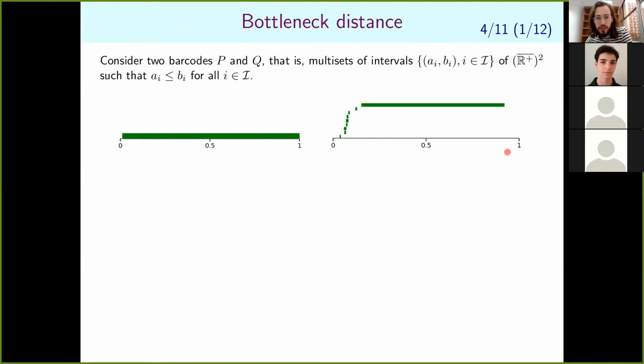And the second barcode is this one, where you can see a long green bar and a lot of topological noise next to it. Barcodes are a multiset of bars, of intervals, so we can describe these barcodes as a set of intervals.